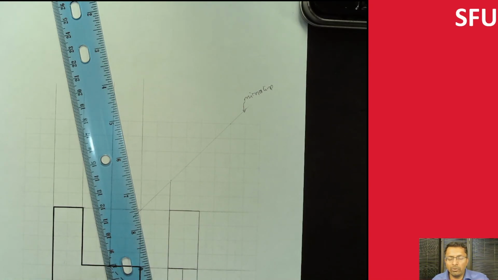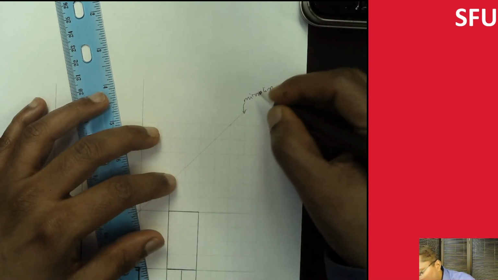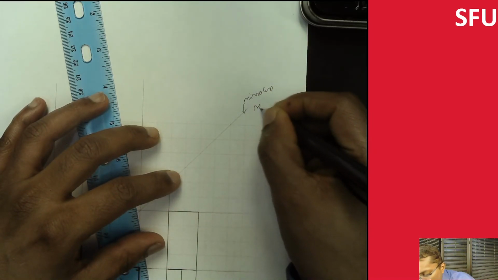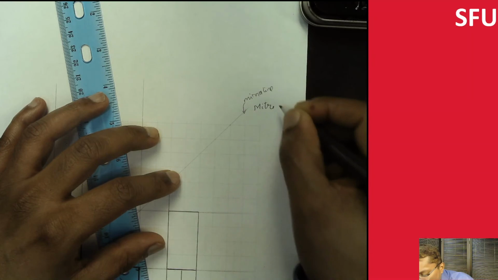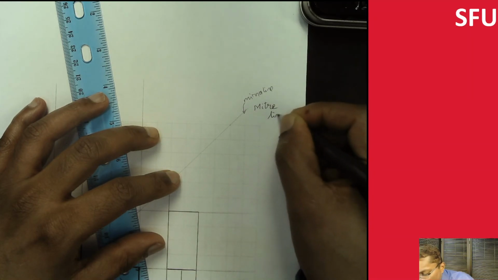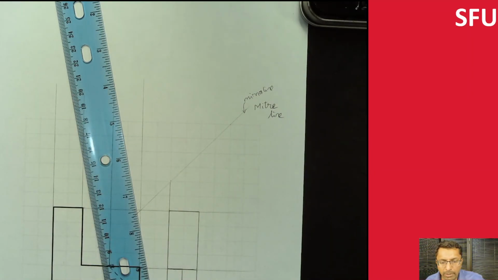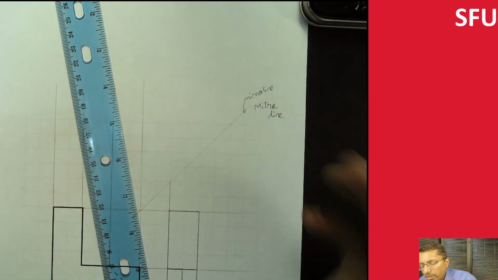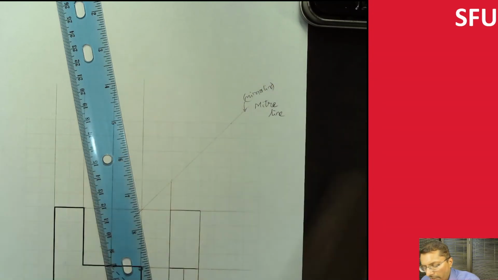Or, there's actually a formal name for this. This is actually called the miter line. Let me just double check the spelling here. Yeah, it's miter line. So this is also the mirror or the 45-degree line.